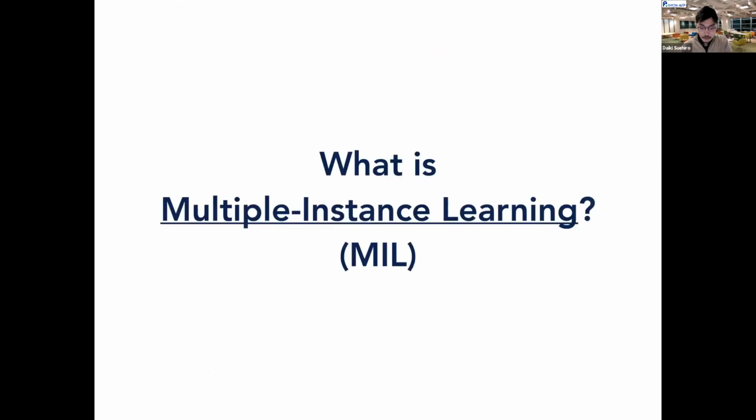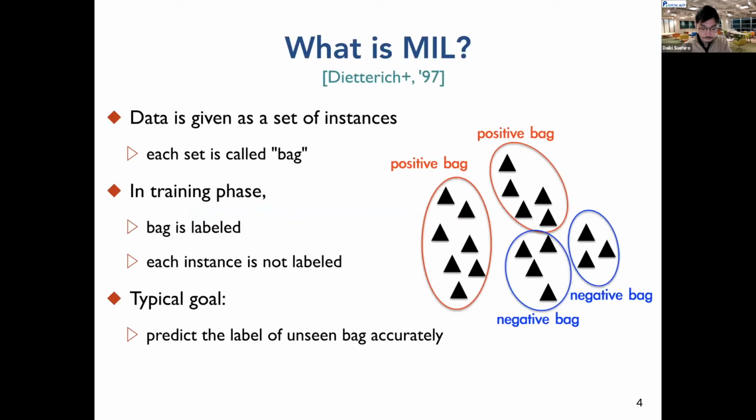Okay, in the beginning, I'd like to talk about the multi-instance learning problem, called MIL. And here is the informal definition of MIL. In the MIL problem, data is given as a set of instances, and each set is called a bag.